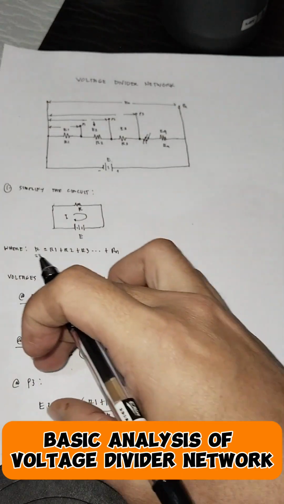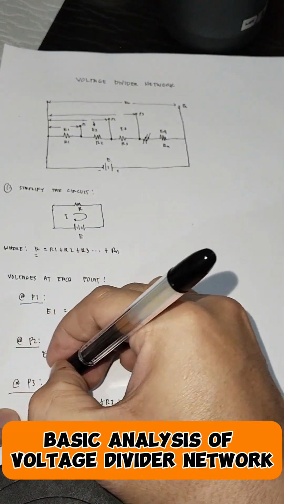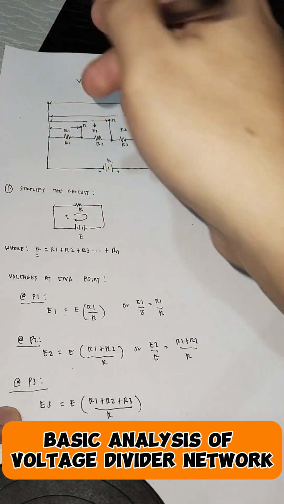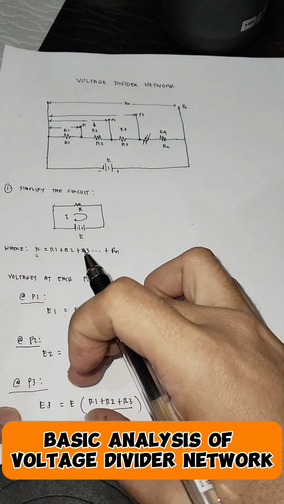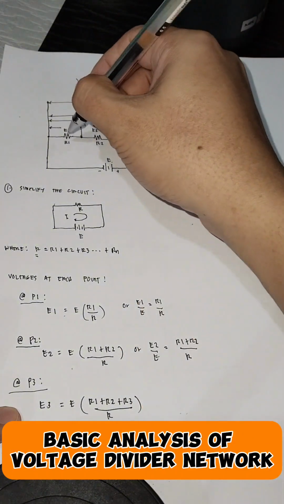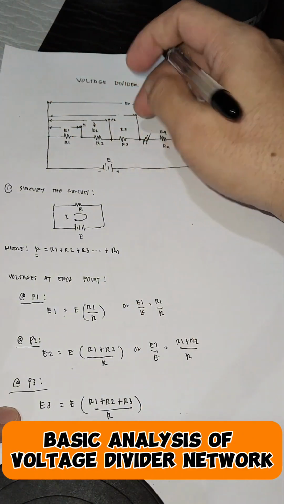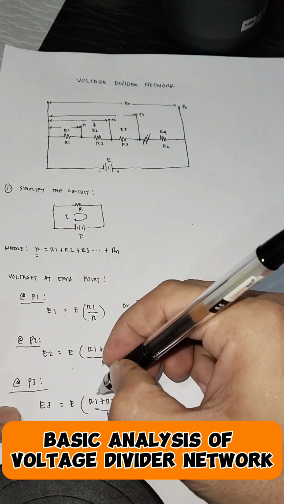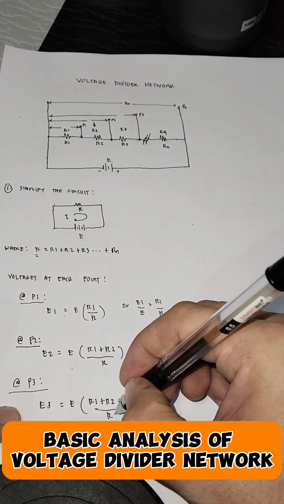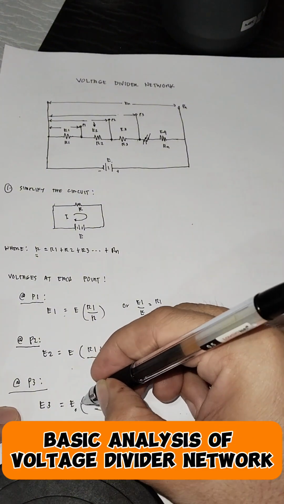So for P3, the same approach, we will just add the resistances of each resistor up to this point. Then we have R1 plus R2 plus R3 over the total resistance R, times the supply voltage.